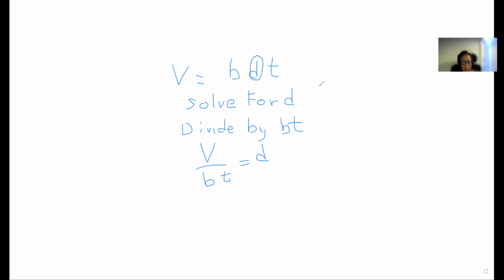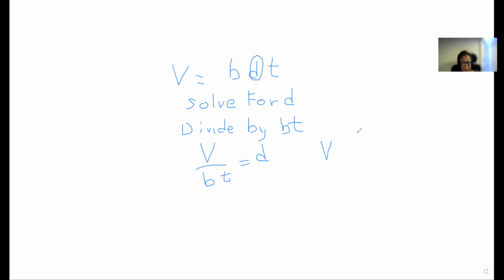Well, if you solve for D, the answer should be V divided by B times T. That should be one of your choices. I got VT/B, BVT, and V/BT.